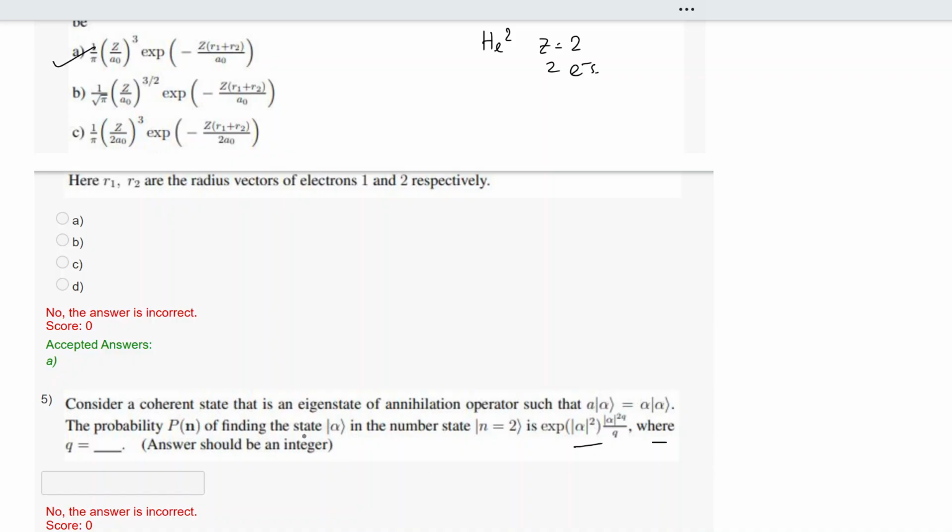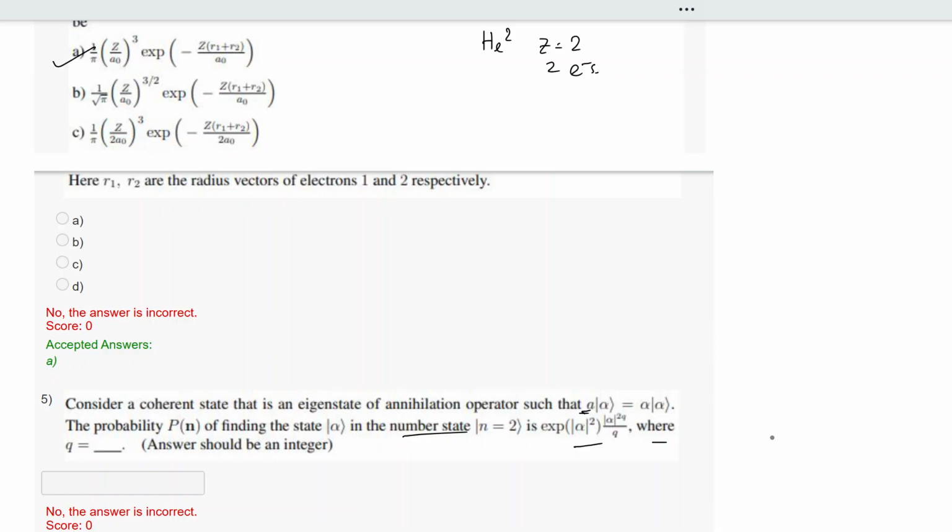So you can see two things. One is that you have to deal with the annihilation operator, and the second thing is that you have to know about the number state basis representation of that state, because whenever you know that, you can represent a state as a linear combination of the basis states, right? And then for the probability of finding the main state in one of those basis states, you can just take the inner product of that basis state with the main state, right?